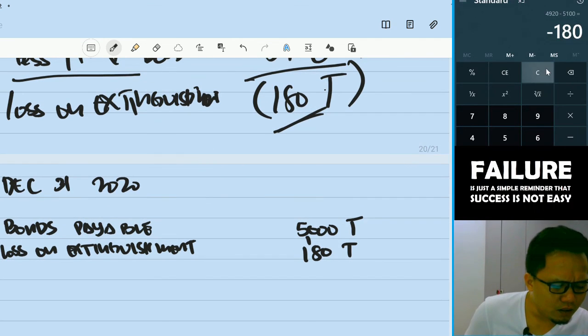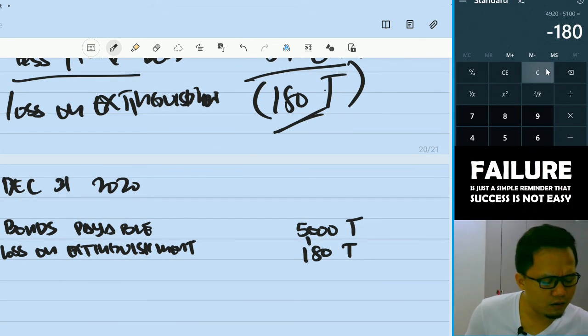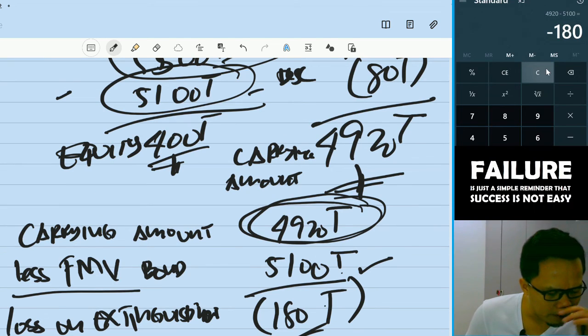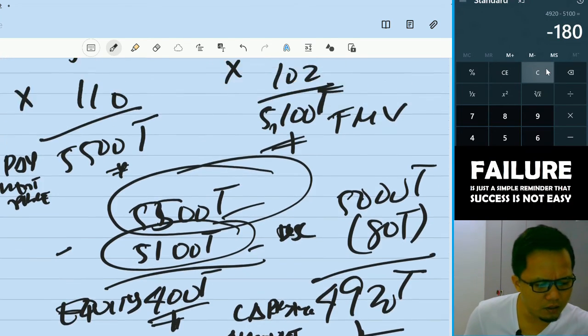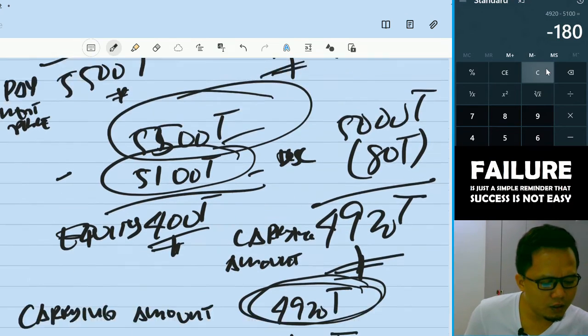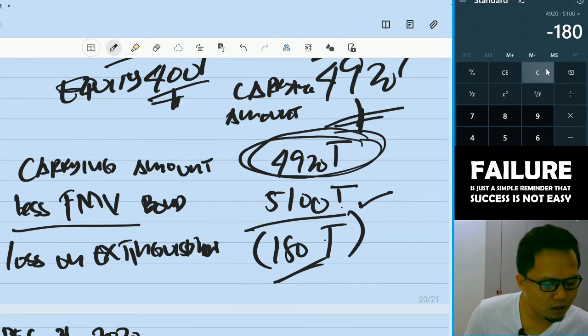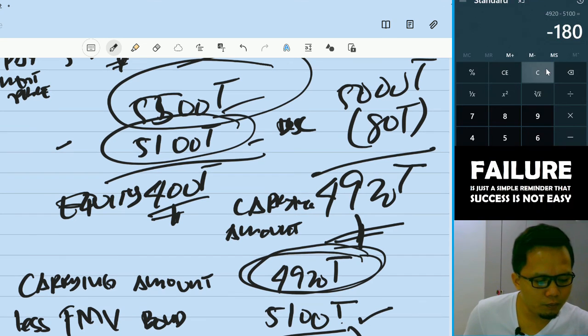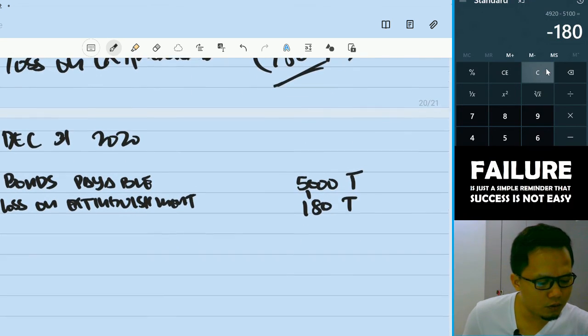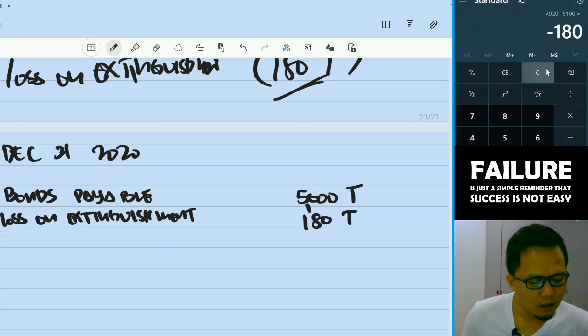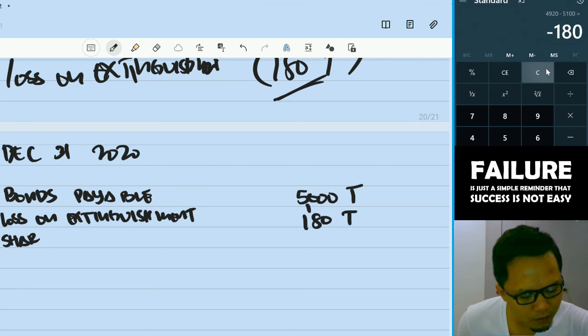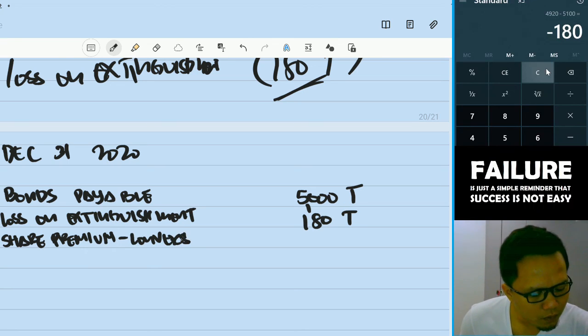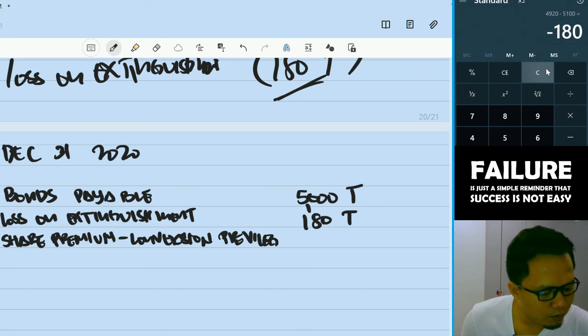Okay? Now, the next entry would be to recognize the equity portion sa extinguishment price, which is itong 400,000, debit share premium conversion privilege.